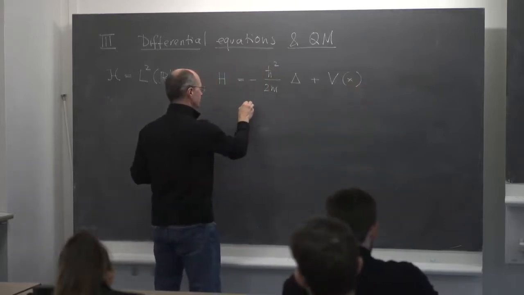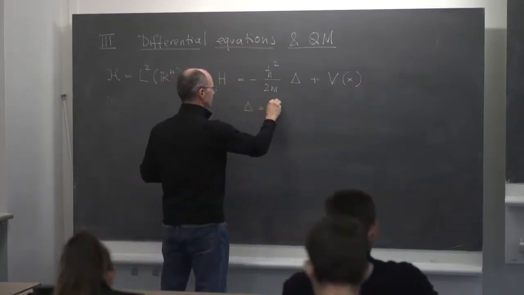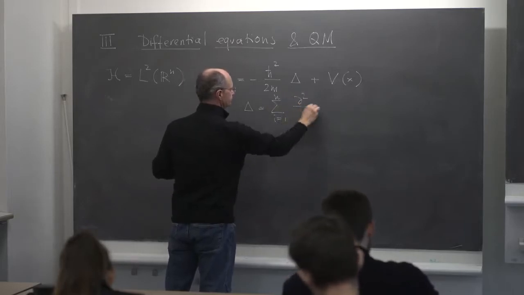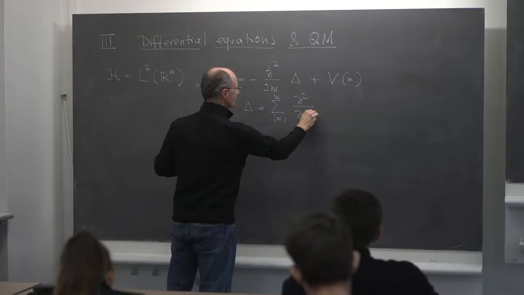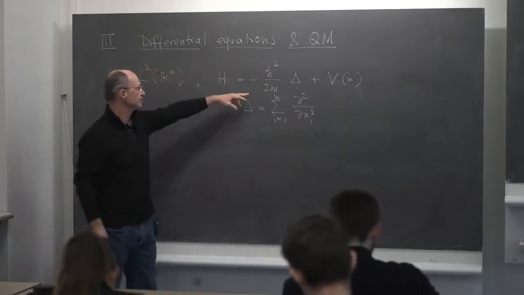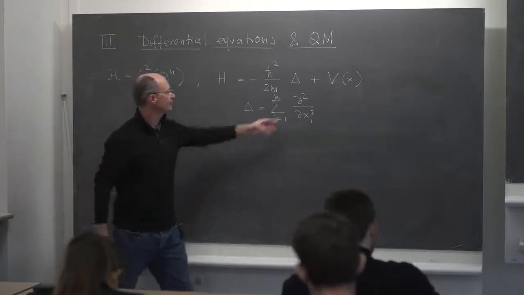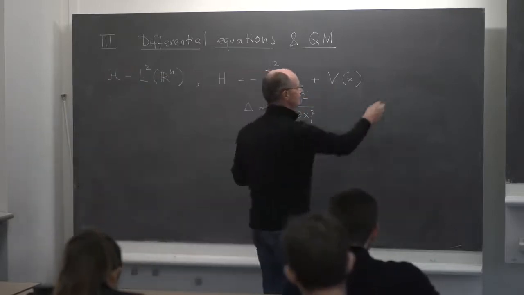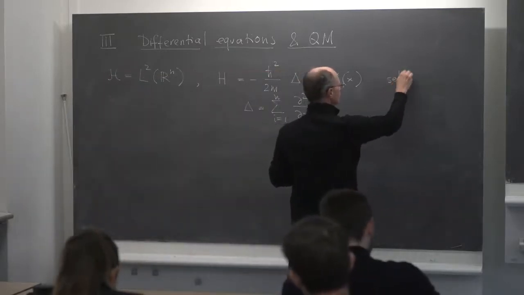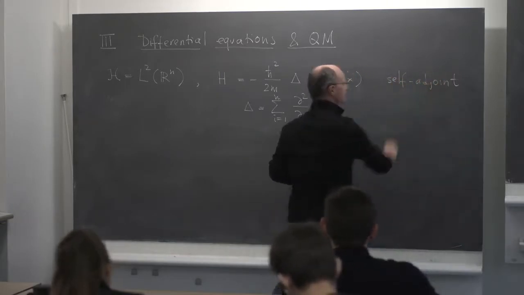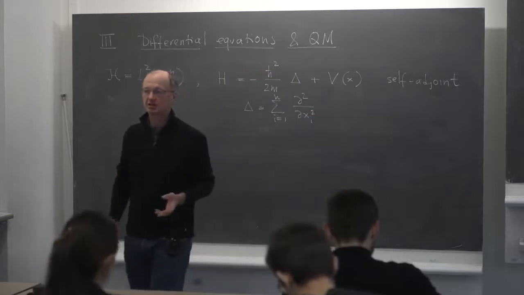So here, delta is the Laplacian. So here there are some physics constants, the Planck's constant, the mass of a particle. So V of x is a potential, and of course we want this operator to be self-adjoint on some domain.